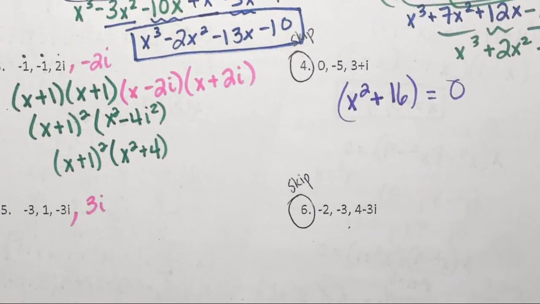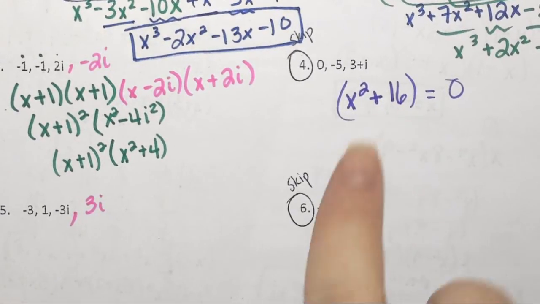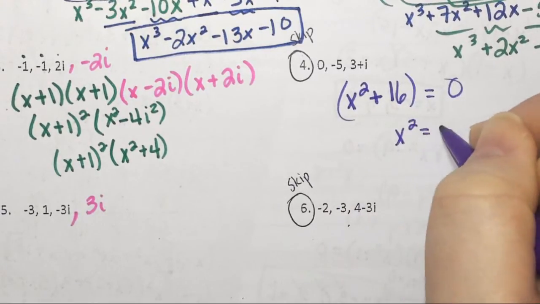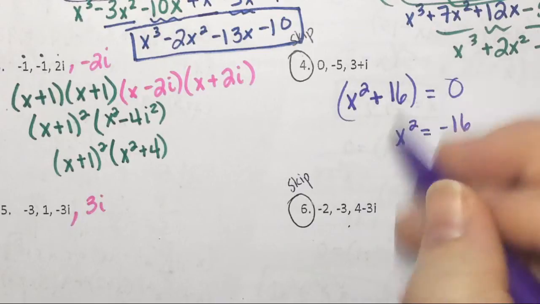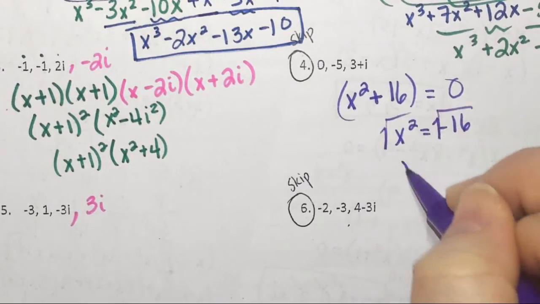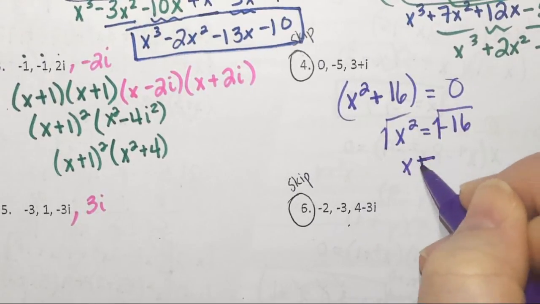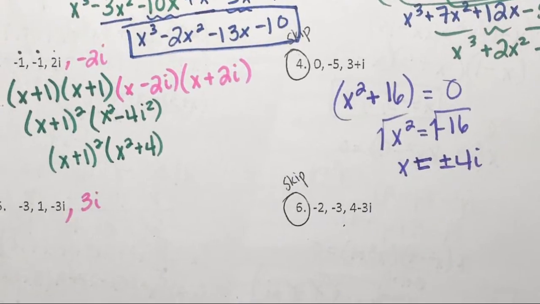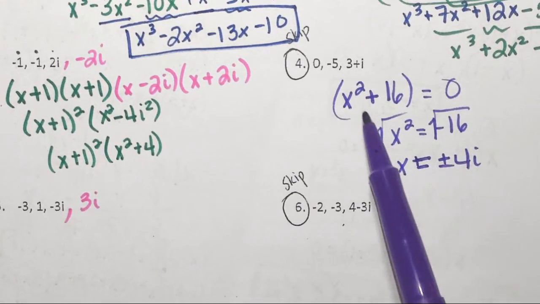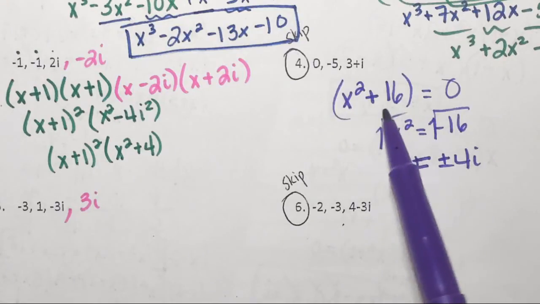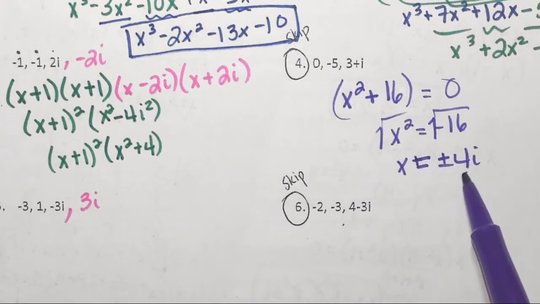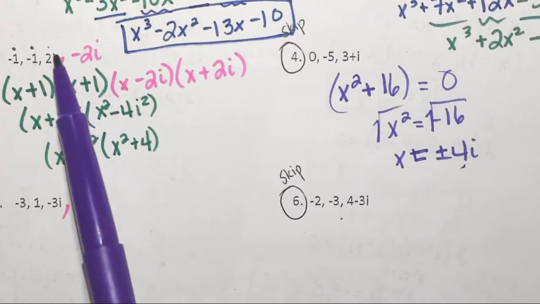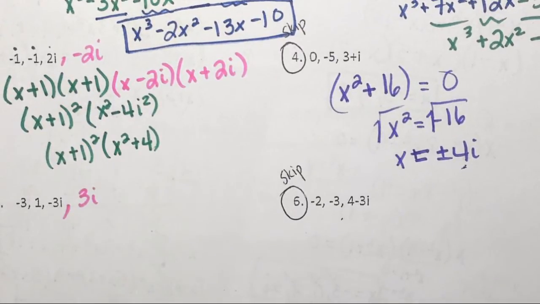If you look back on our other problems that have had complex answers, one of the parts looks like this. And when we solve, we end up getting x squared equals negative 16. Take the square root. We end up getting plus or minus 4i. So since I'm smart enough to realize what's going on every single time, it ends up being x squared plus whatever that perfect square would be that deals with that. That's how I knew it was going to be x squared plus 4, because I know 2 squared is 4.